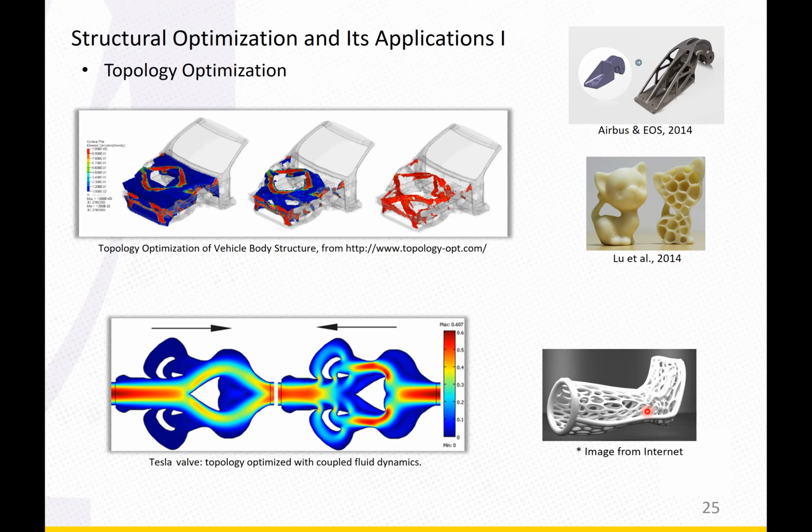That's the story of this application. And for this one, this is a valve from Tesla, and you have to optimize its topology shape by the fluid dynamics. It's not just a structural optimization. It needs to consider the fluid dynamics. So these two are a little different from the original structural optimization.